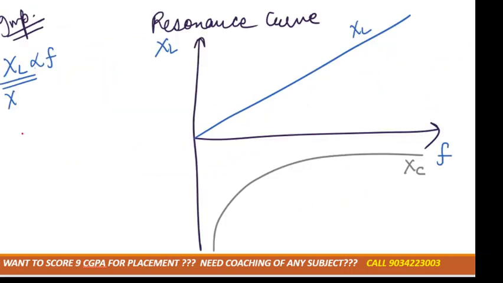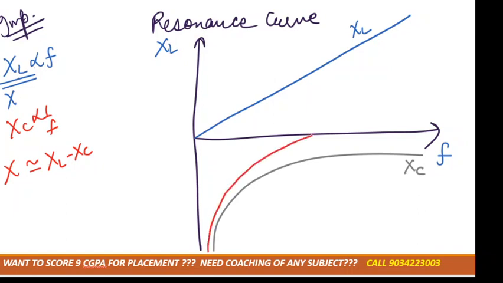If there is a curve shape, we'll draw a curve for XC, and if there is a straight line, we'll draw a straight line. This is the graph of X approximately equal to XL minus XC. Okay, clear?